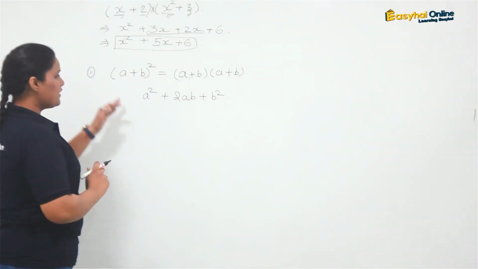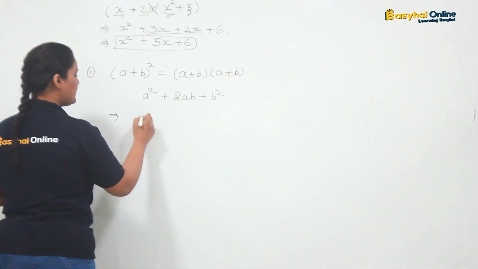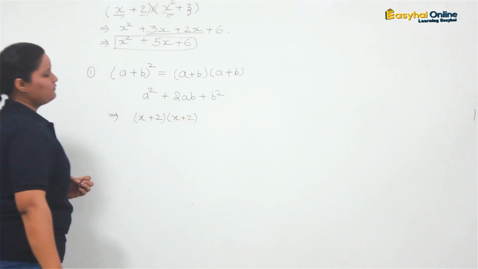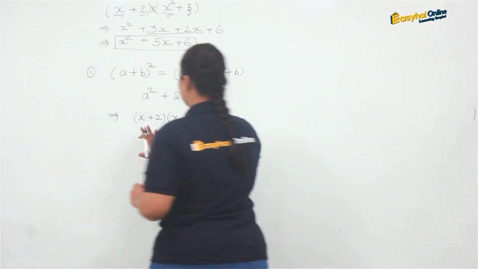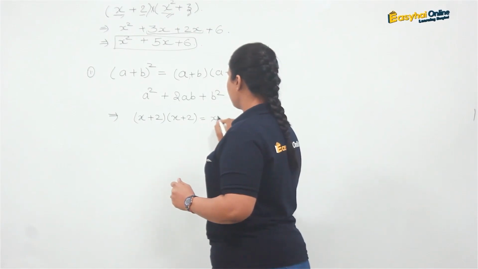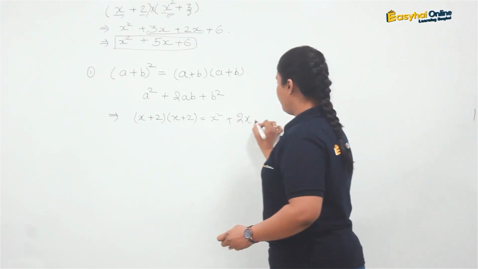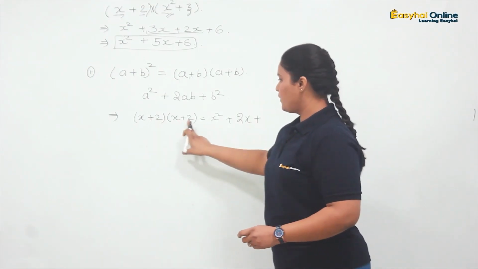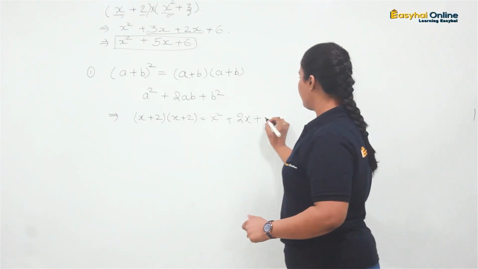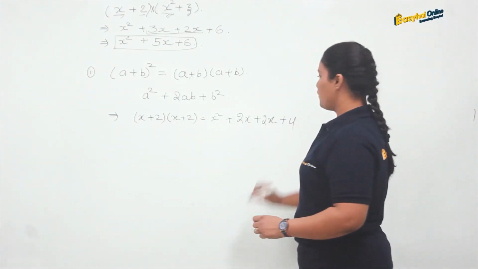Okay, we can demonstrate it with an example. For example, a plus b and a plus b. I will take x plus 2 and x plus 2. As x plus 2 multiplies x plus 2, it will be x square plus 2x, plus again 2x, because the first term is multiplied by the second term of the second bracket, and plus 2 into 2 is 4.